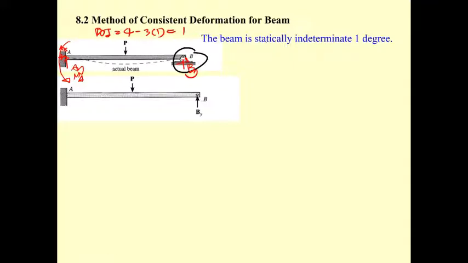Since this is consistent deformation based on the force method, we are going to have this as the redundant force of this problem. So we have one redundant force for the beam with one degree of indeterminacy.